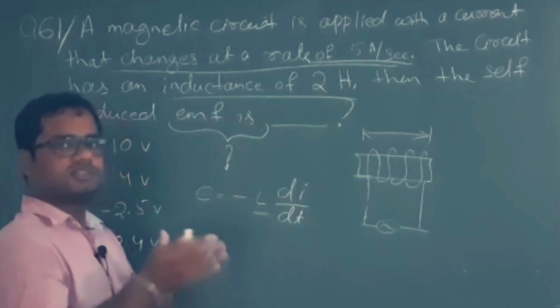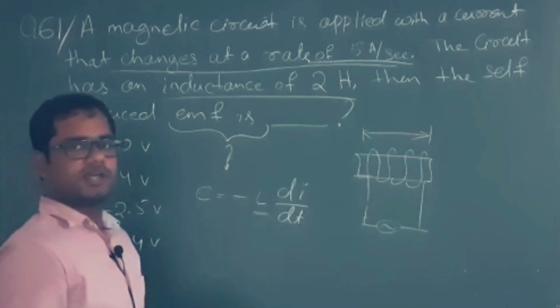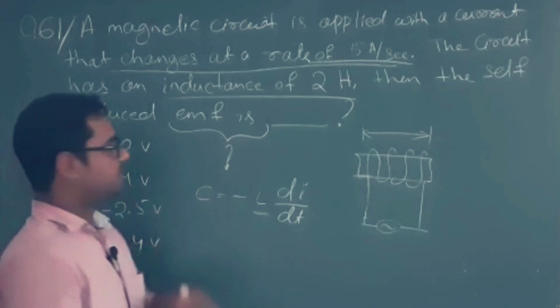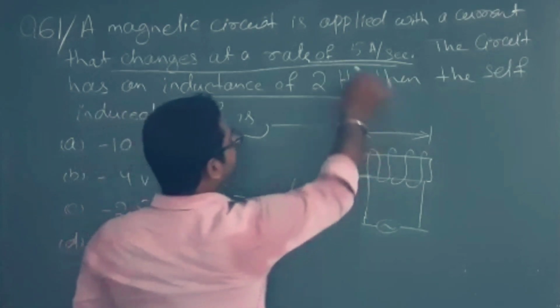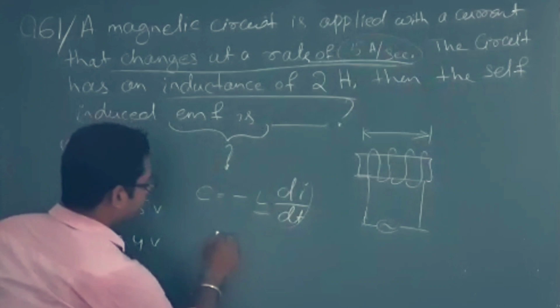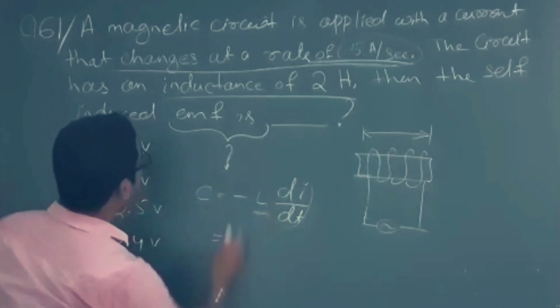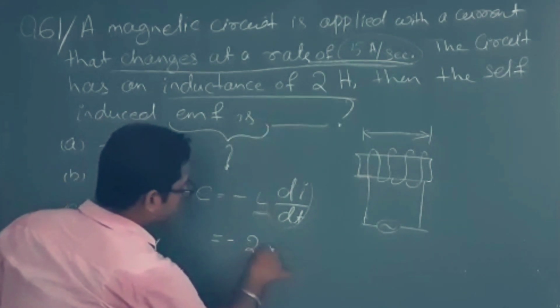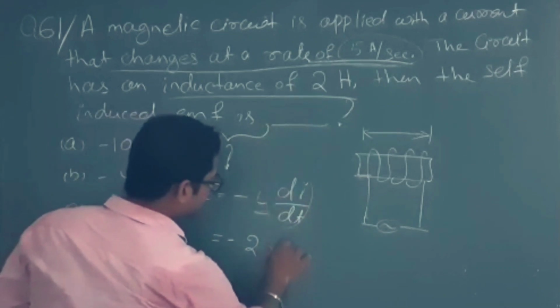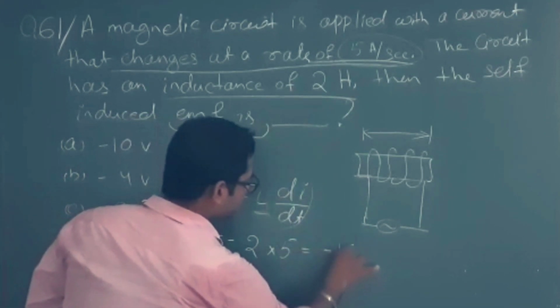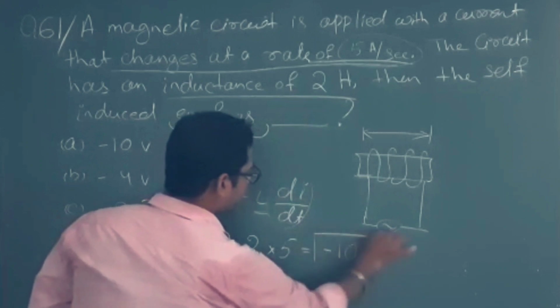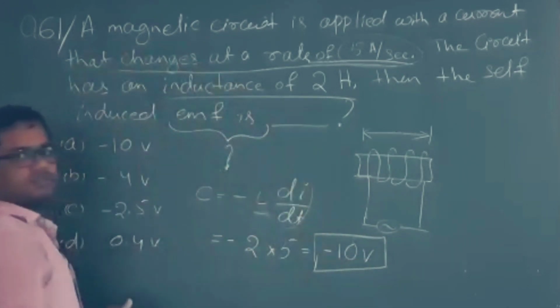Rate means per second; anything rate of change means it is change per second. So the di by dt value will be 5 ampere per second. Putting in the values, minus L is 2, into di by dt is 5, it will be minus 10 volt. This is your required answer.